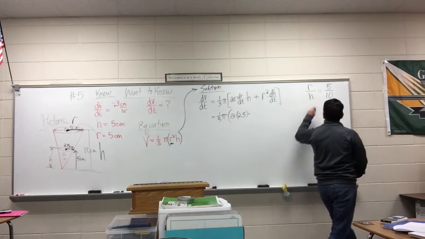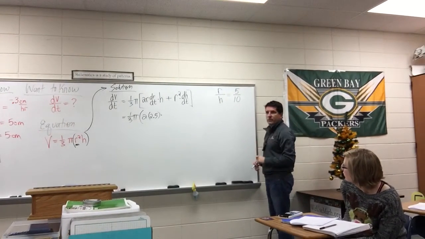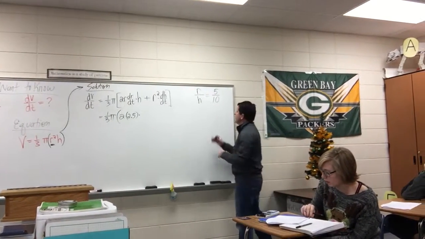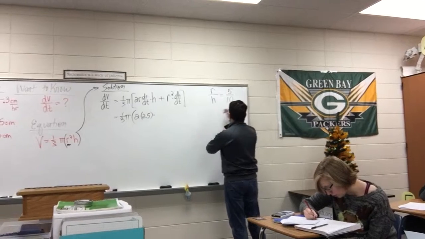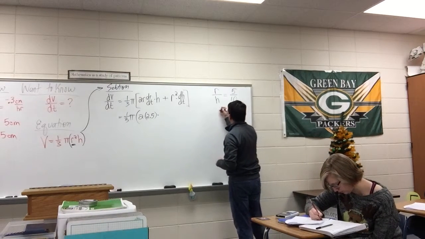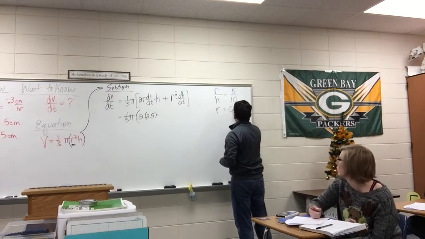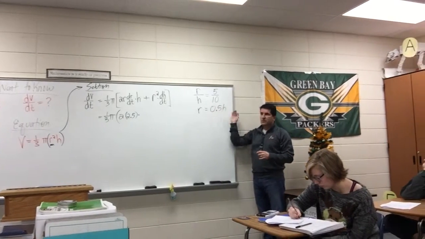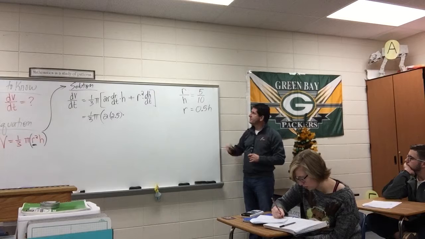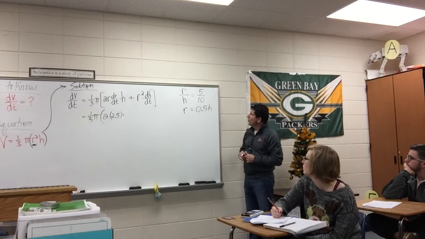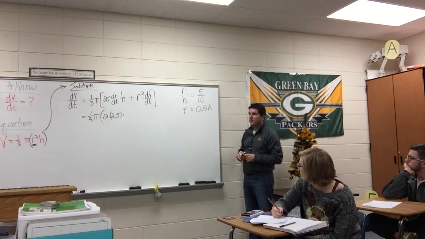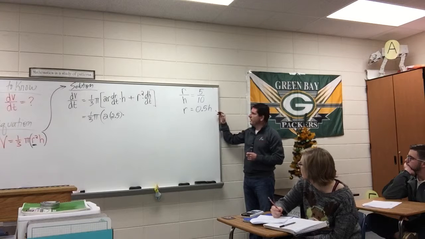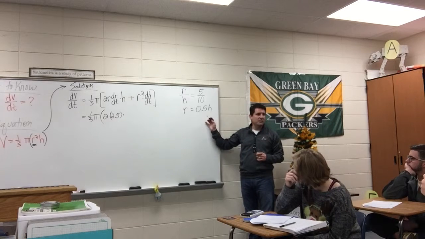So watch this. See this equation that I wrote that had to do with the r and the h? I'm gonna just rewrite this here, and I'm gonna say the rate is equal to 0.5 h. Just cross multiplied there. Solve it. R is equal to 0.5 h. And remember a long time ago I told you that equations were born to be manipulated?